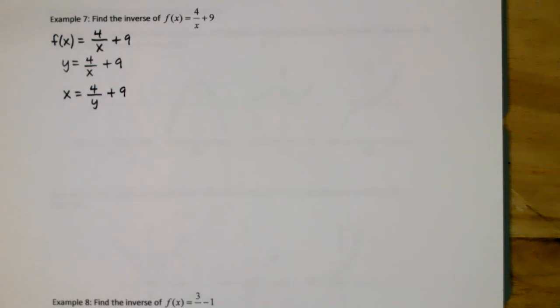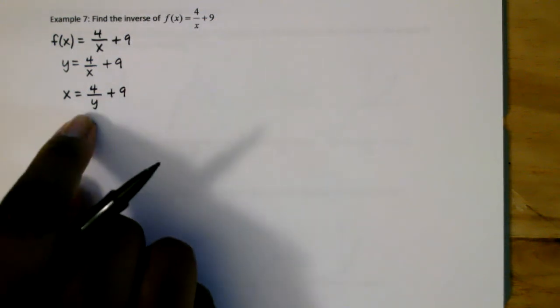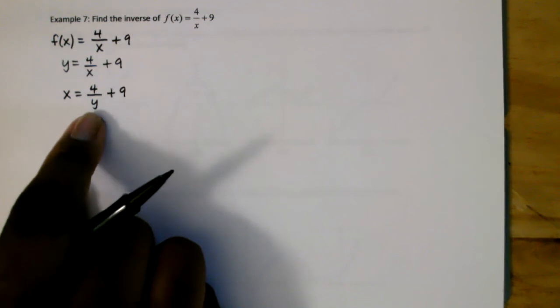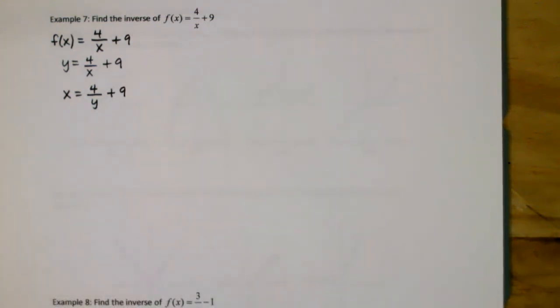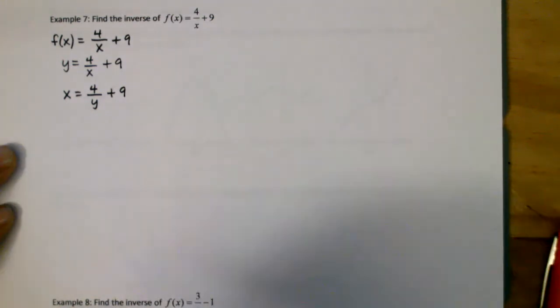Now, the next step would be to get rid of this y. We want to solve for y, but we've got a y in this denominator. Let's get rid of that first by multiplying each and every term in this equation by y.